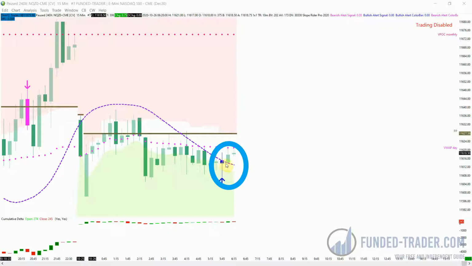I'm just looking at the body here, okay? So I want another candle to have a body that closes above my first body. So here it is. I would have bought here at 11,618 with the stop 10 points of risk, okay? Let's have a look at what happens after.